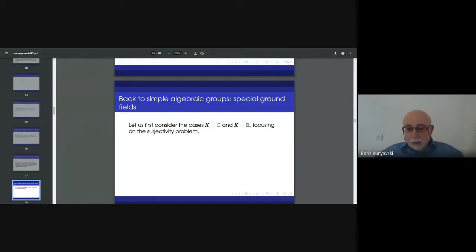I told you last week that Borel's theorem is essentially the only known general fact about word maps, general in the sense of full generality. But if we cannot say more in general, we will try to say something in some special cases.